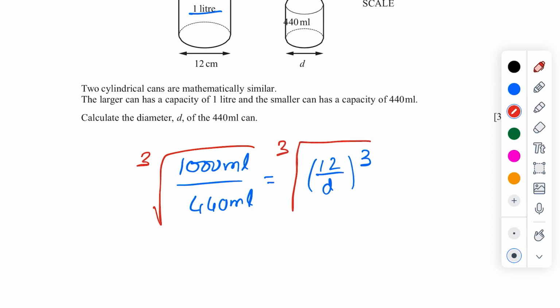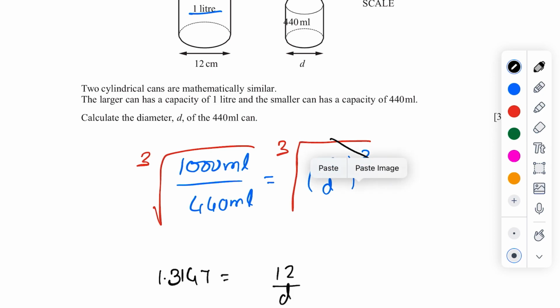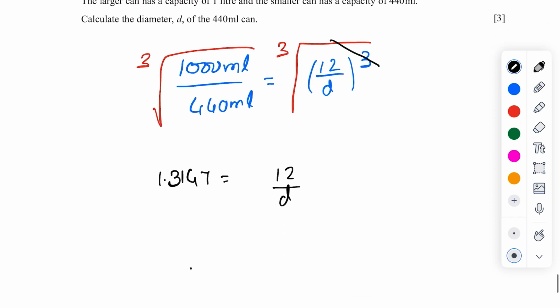Take cube root on both sides so that cube and cube gets cancelled. Now the cube root of 1000 divided by 440 gives me 1.3147. 1.3147 equals 12 divided by d. So d should be equal to 12 divided by 1.3147, which gives me the value of d, which is 9.13 in three significant figures.